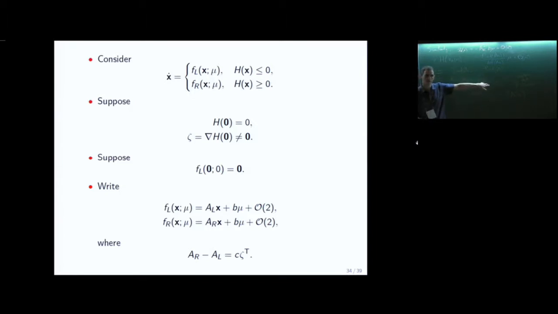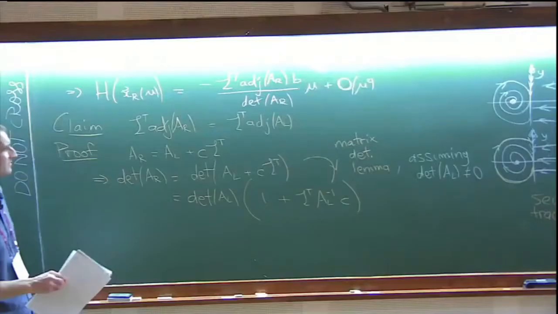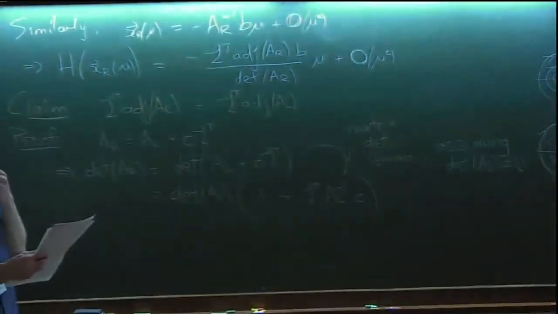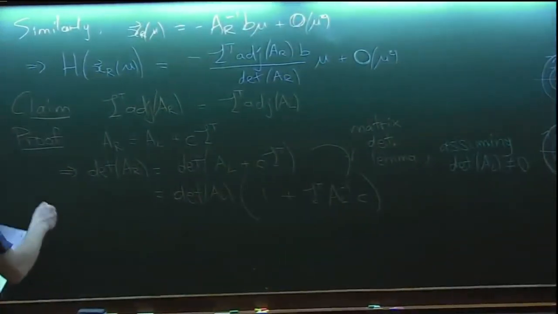Okay, so the matrix determinant lemma is exactly this formula. It assumes the matrix AL is invertible, assuming determinant AL is not 0. Okay, so I wanted to show you that.